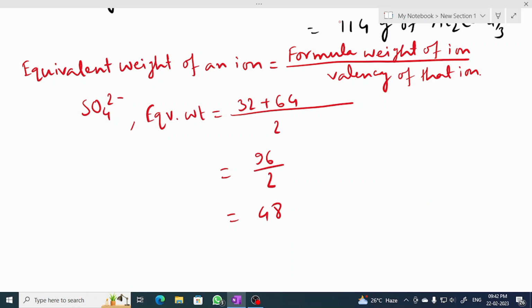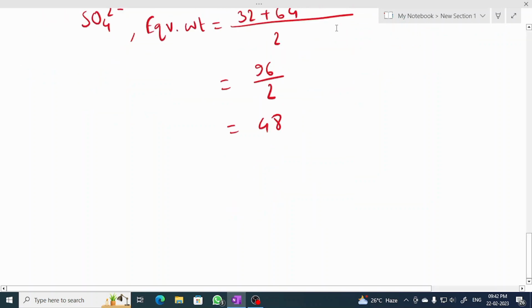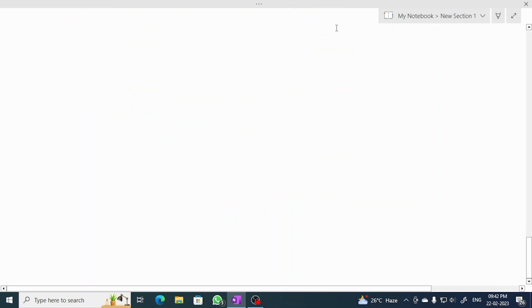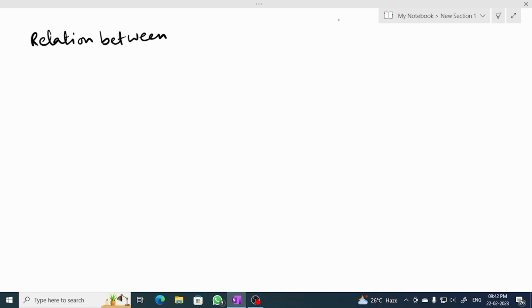Now we move on to a new topic, that is the relation between molarity and normality.